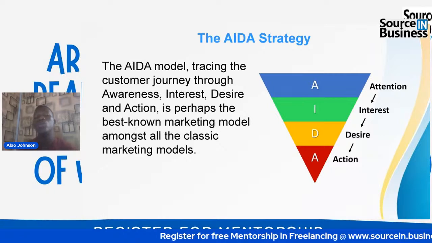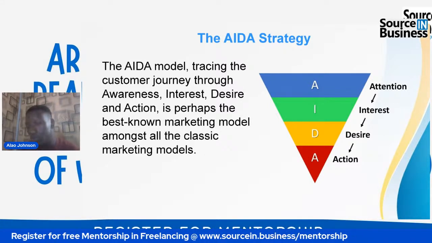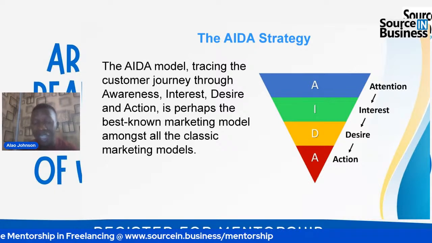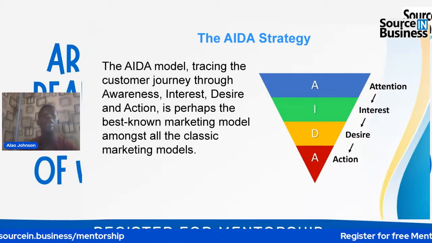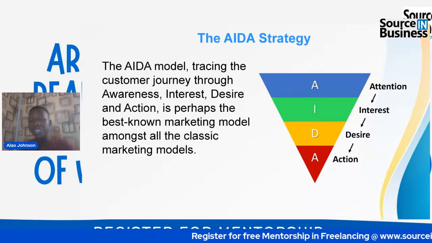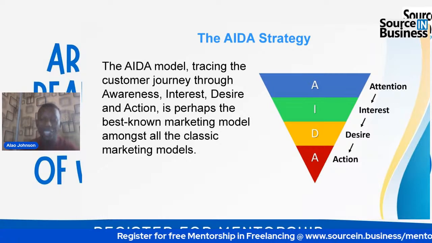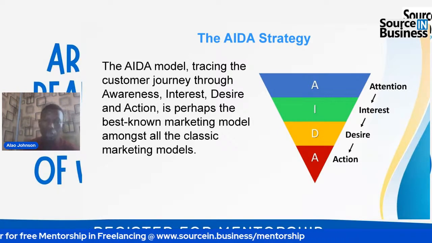It's not easy for people to buy a solution when they don't even know the problem. So number one thing that is very important that you must pay attention to is awareness. Like now, let's say your product wants to solve a problem. You need to make your target audience have awareness about your products.